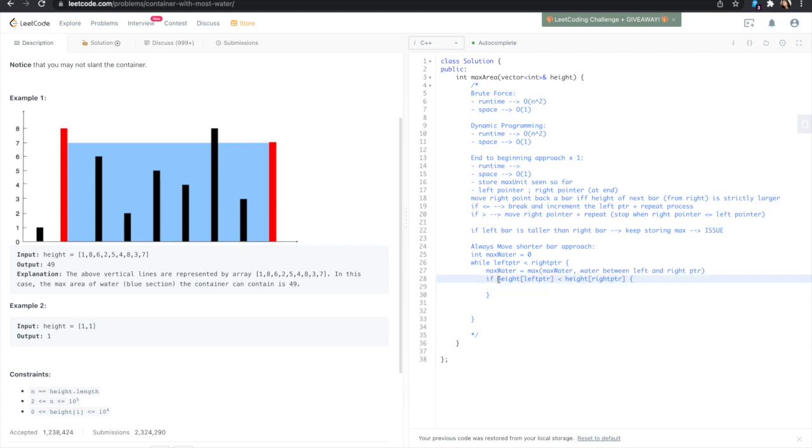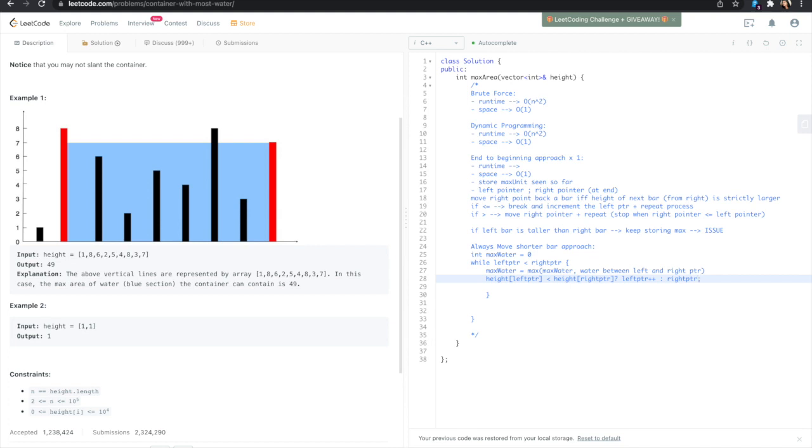So I can actually make this a ternary. If the left height is less than the right height, we move the left pointer, so it'll be left pointer plus plus. Otherwise, we want to move the right pointer.